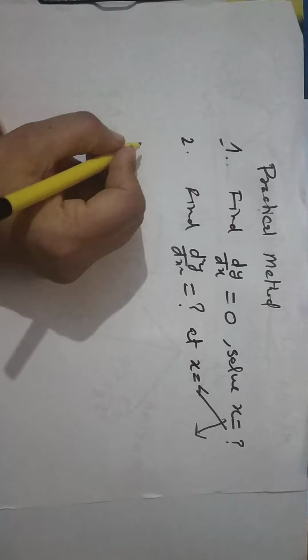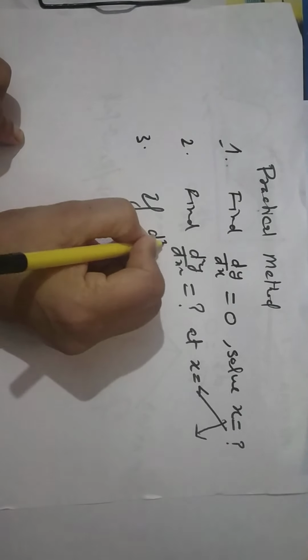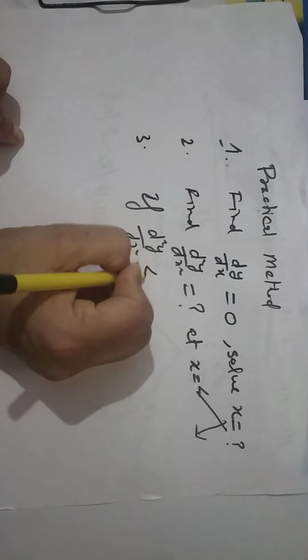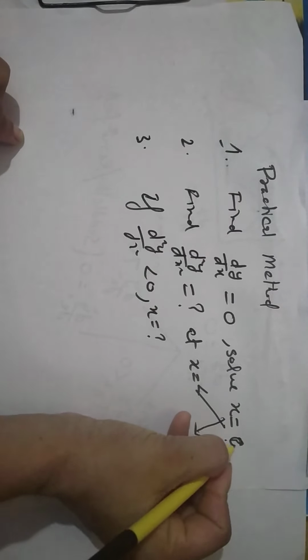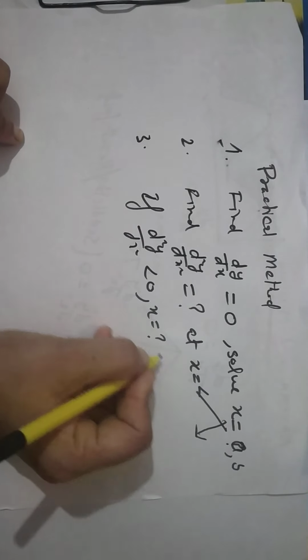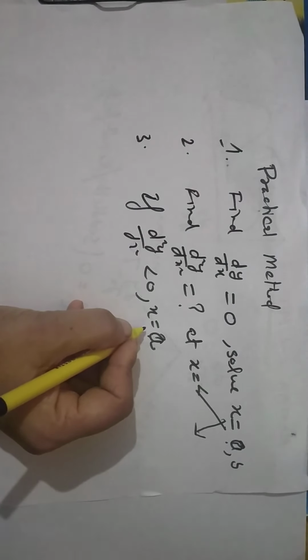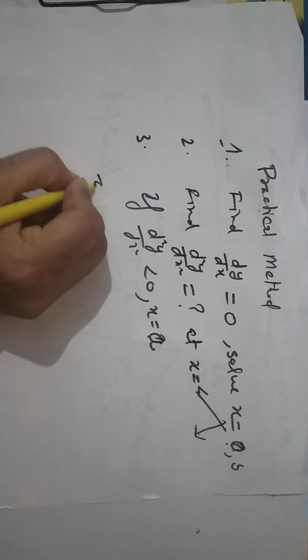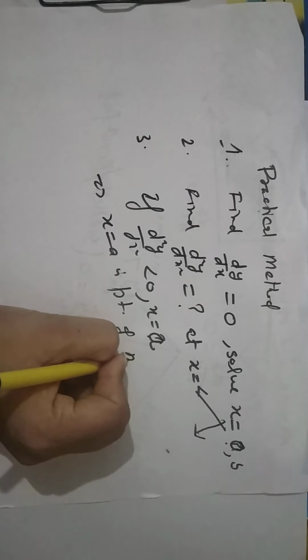And the third step is, if d square y/dx square is less than 0 at, let it be, points A and B. Suppose at A this is less than 0, then we say that x equal to A is a point of maxima.